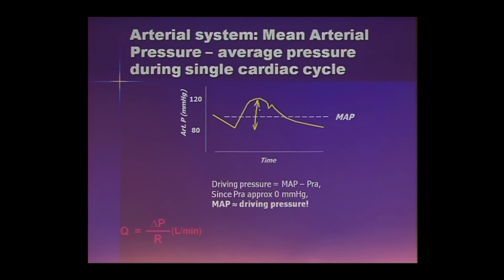It's the mean arterial pressure. Since the pressure in the right atrium is almost 0, delta P is mean arterial pressure minus 0, which equals mean arterial pressure. So this is how we can write that expression now.